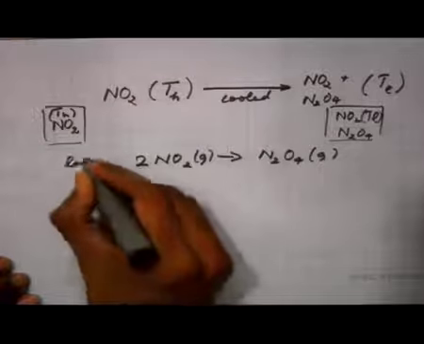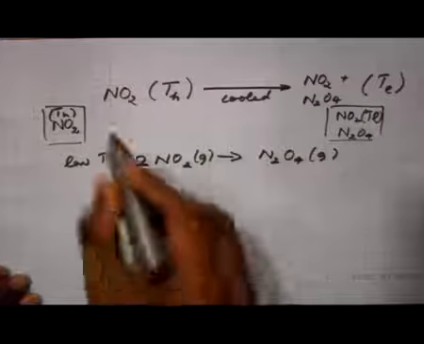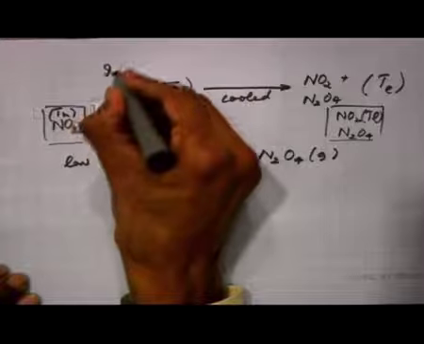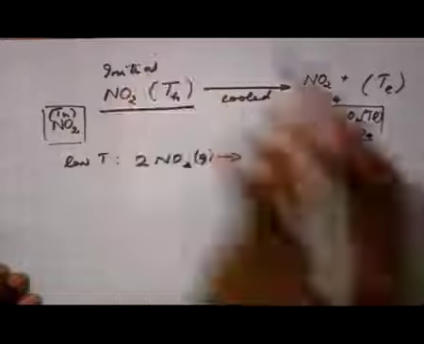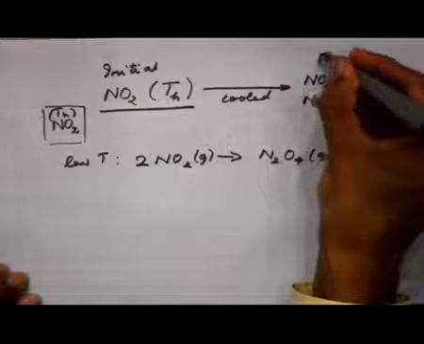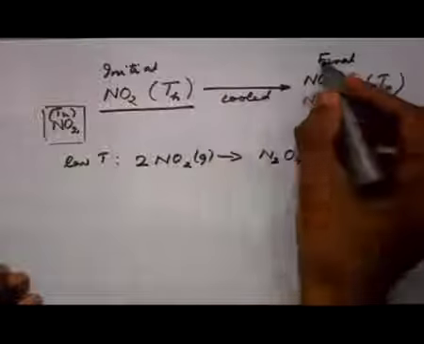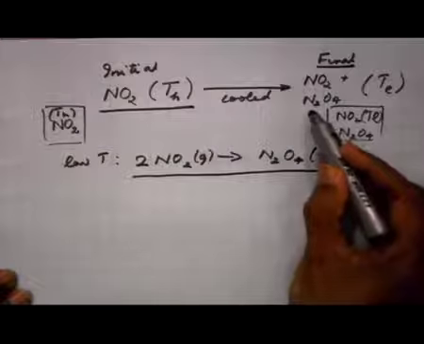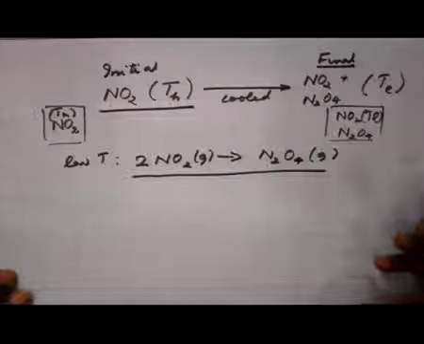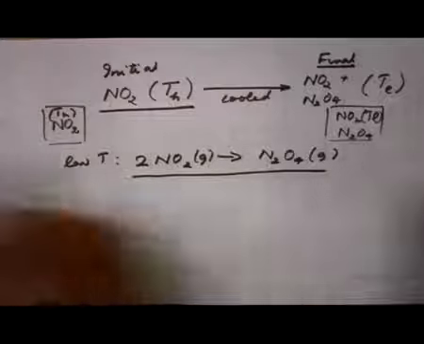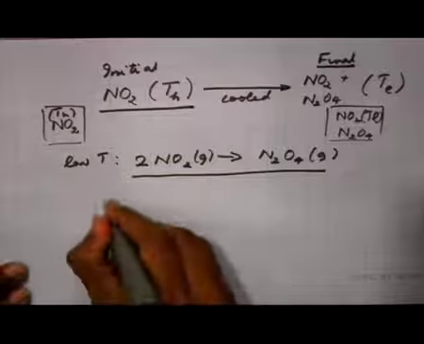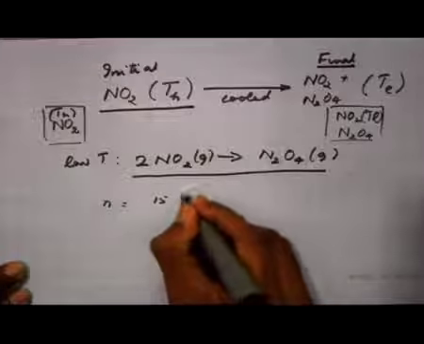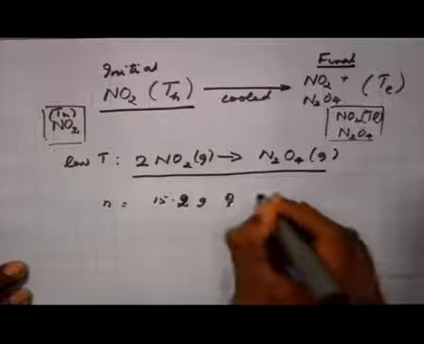So, to begin with, at high temperature we have only NO2, and when we cool the temperature, in the same vessel we have both NO2 and, because of this reaction, we also have N2O4. So, we started off with 15.2 grams of NO2.